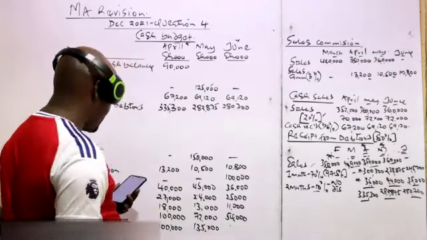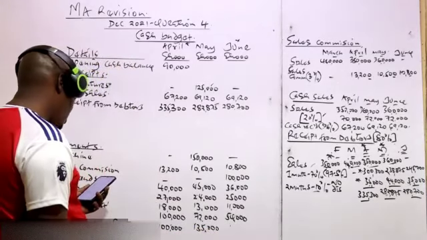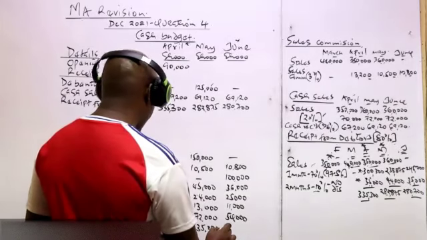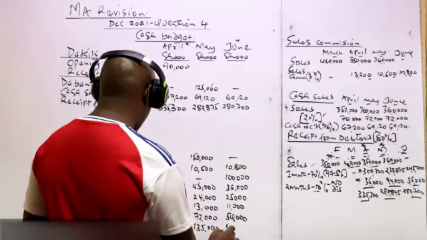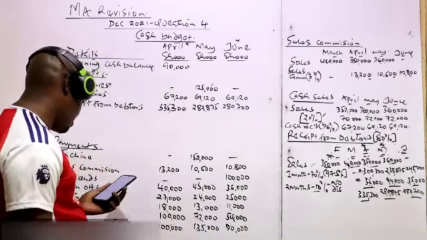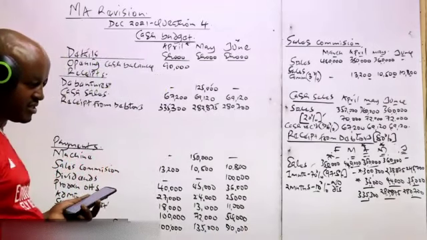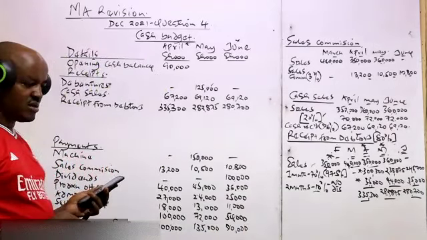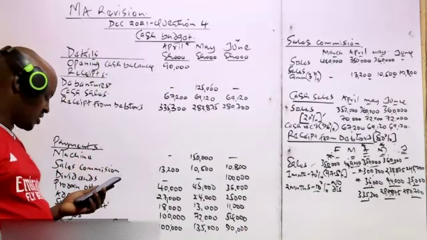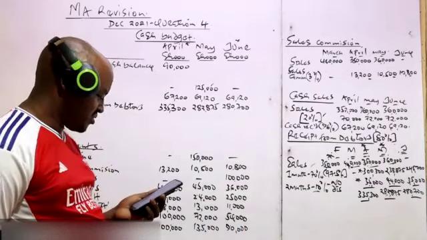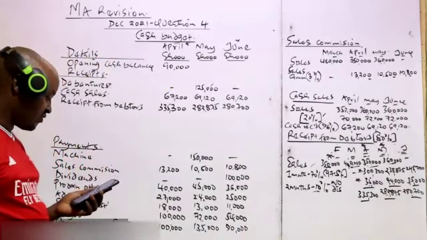And the materials supplied in April will be paid in June after 2 months, 90,000 like that. So period of credit allowed by suppliers, average of 2 months.